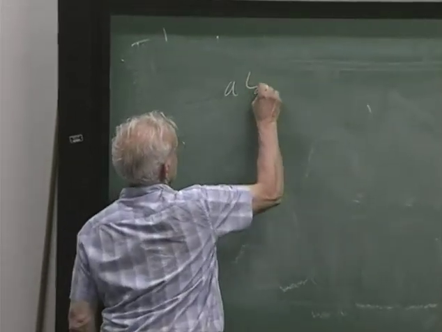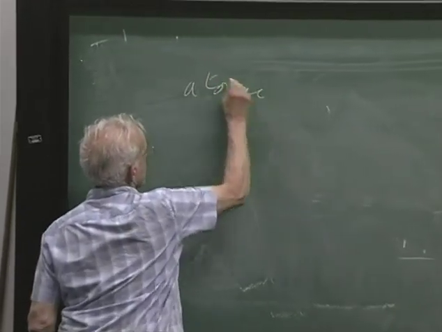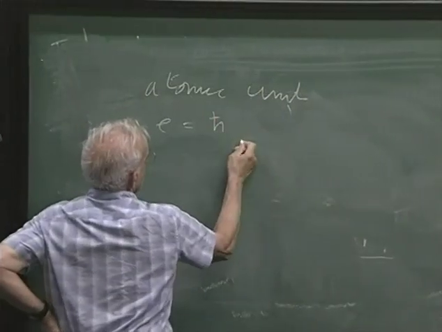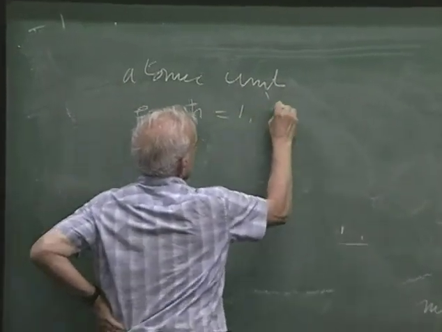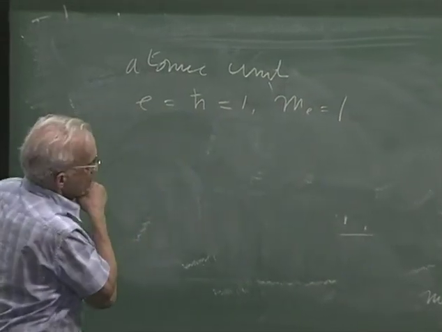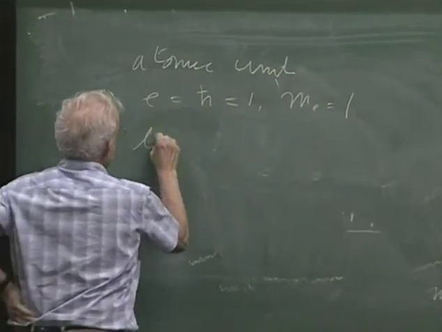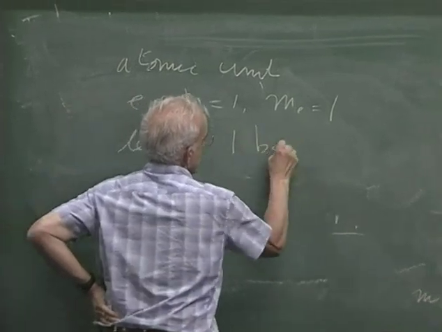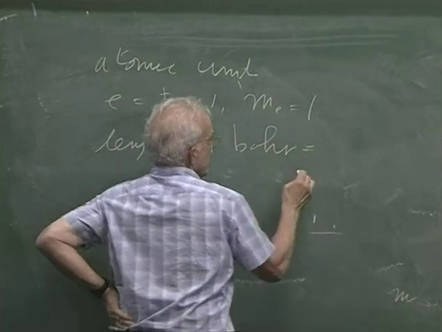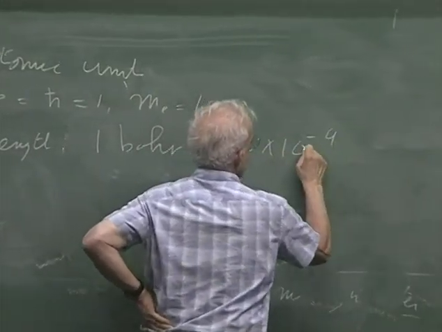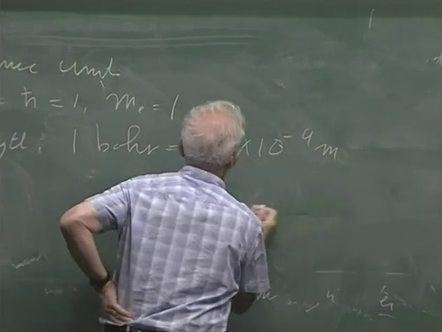So let me just briefly put down what they are. Atomic units. Well, in atomic units, E is equal to H bar is equal to 1. So the mass of the electron is also equal to 1 in atomic units. The unit of length, it's 1 Bohr, which is, I think, 0.6 times 10 to the minus 9th meters.